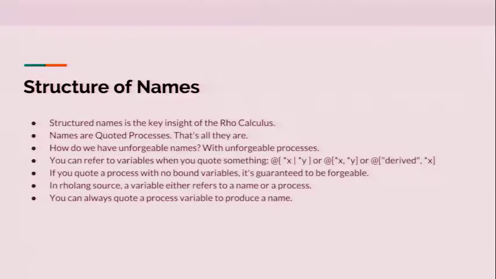In Rholang, every name is a quoted process. So you may have heard about unforgeable names. The way that you make an unforgeable name is to quote an unforgeable process. That's it. So all names are quoted processes. You can refer to variables when you quote something, so you can build compound names or derived names in incredibly useful ways.